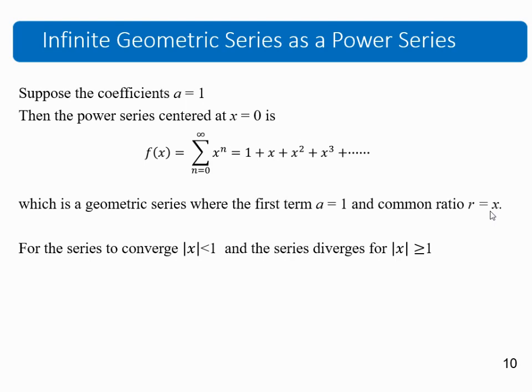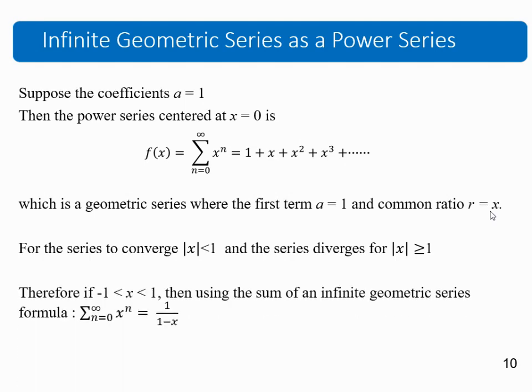So since our r is equal to x, the absolute value of x has to be less than 1. And it will diverge when the absolute value of x is greater than or equal to 1. And so then you have your interval of -1 to 1.